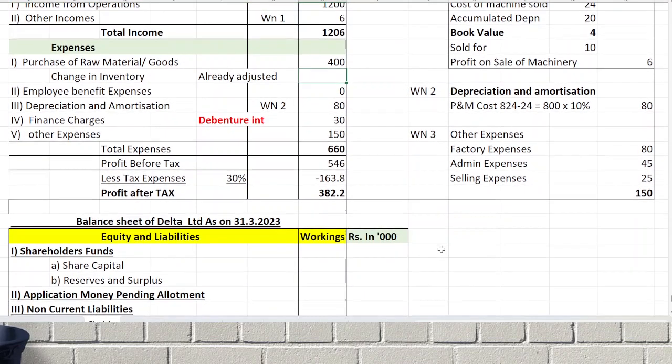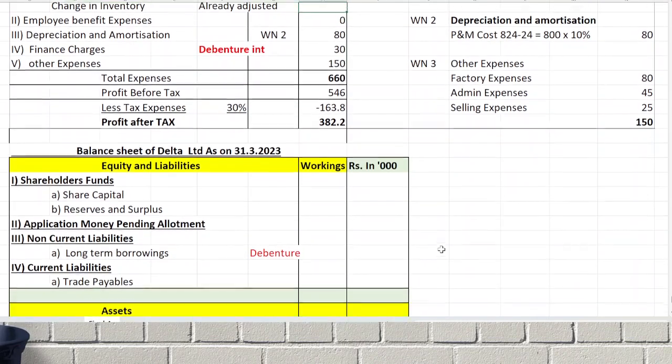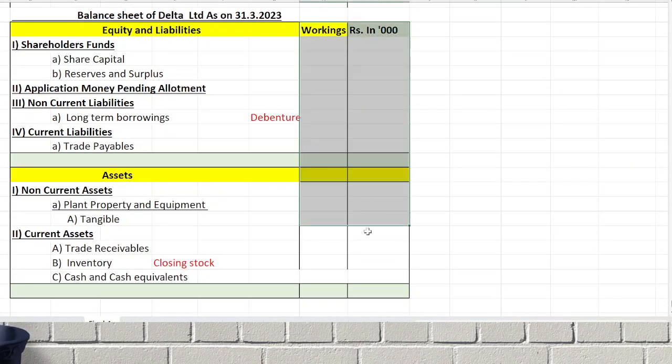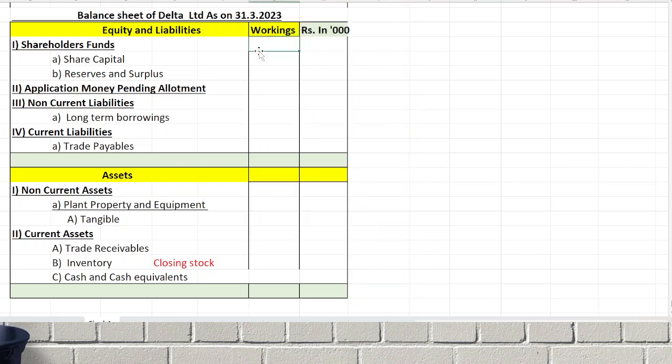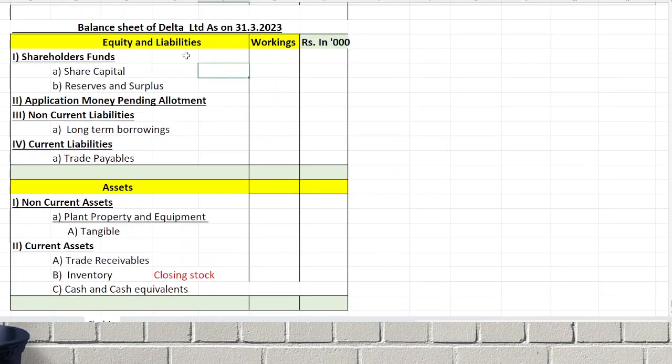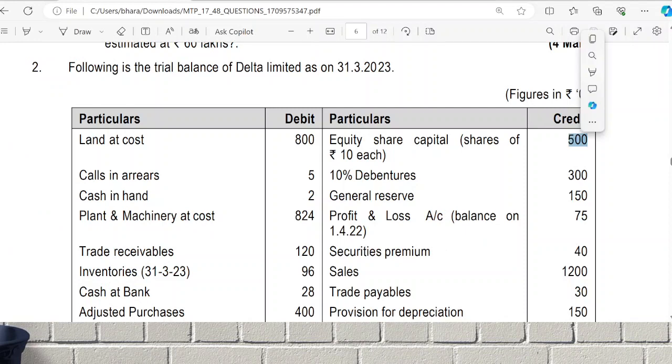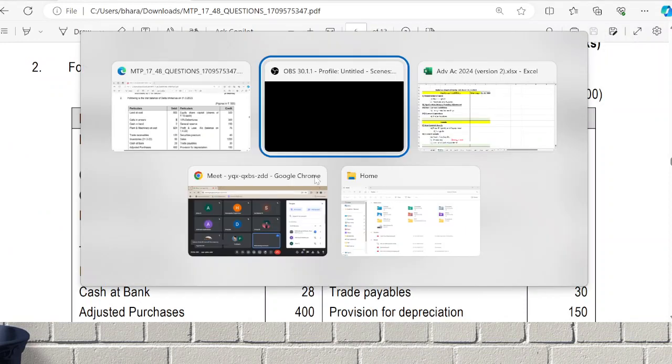Shall we? Share capital, we can put directly. For example, put a working note. What is the share capital? 500 minus calls in arrear 5.